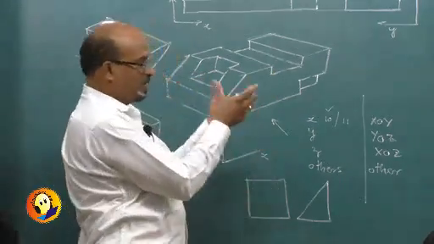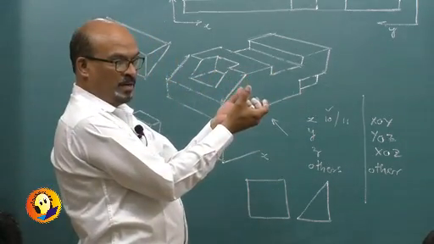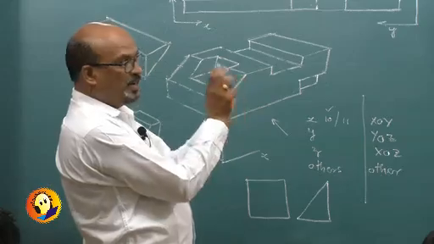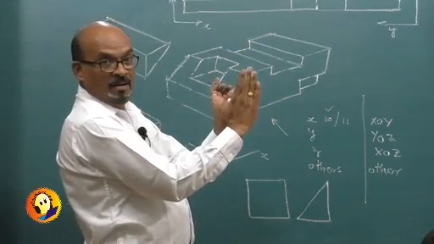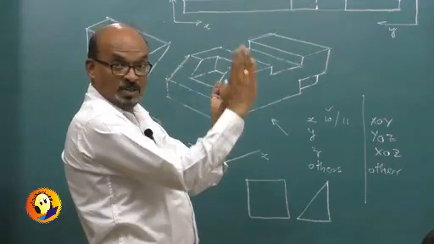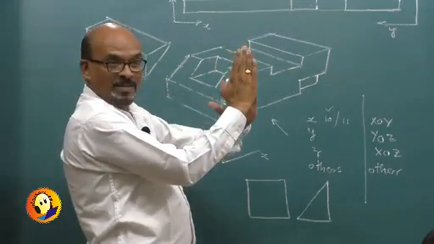So this object, seen from the front, appears as a rectangle. I turn it, seen from the left, this line came straight, right? That means the front face is vertical, and the back plane will be inclined.